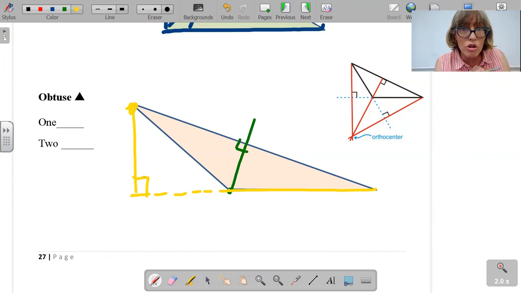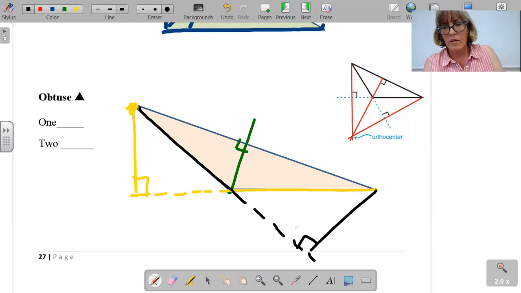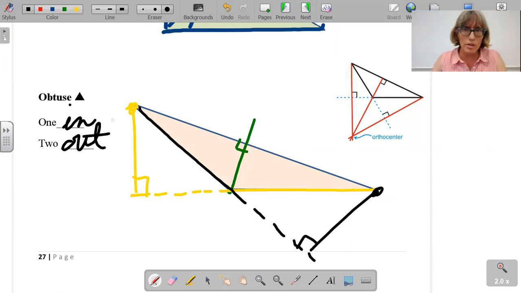So one altitude is outside. Vertex right angle. So in an obtuse triangle, one altitude is in, but two are completely outside the triangle. That's a very common try to make you think weird in SATs, is they'll use obtuse triangles and ask you how many altitudes are there. A lot of students only say one.